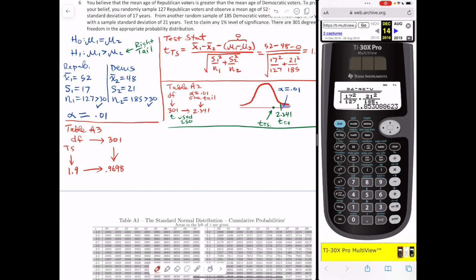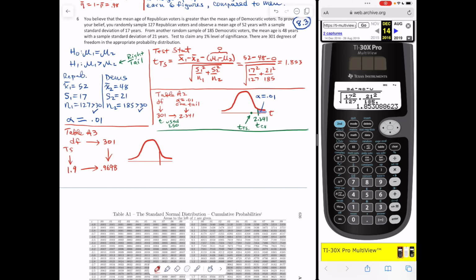Remember, this is, I'm going to denote a t over here. So this is a right-tailed test. Okay. So let me put this here. The test statistic here was 1.853.